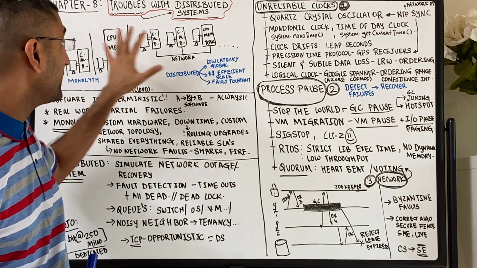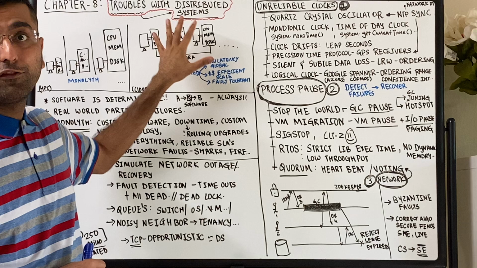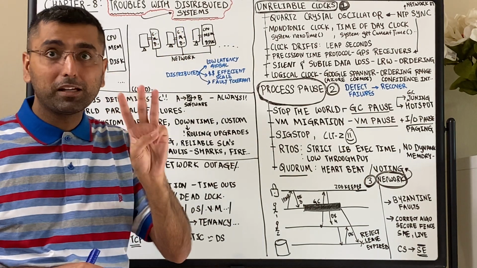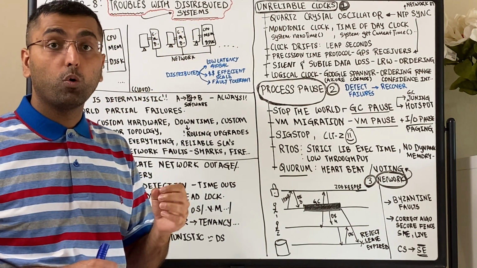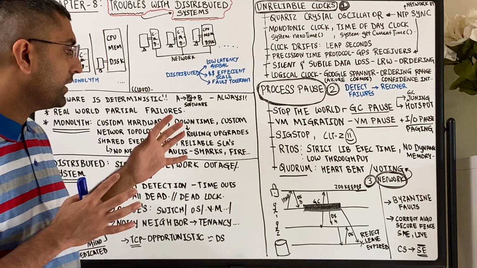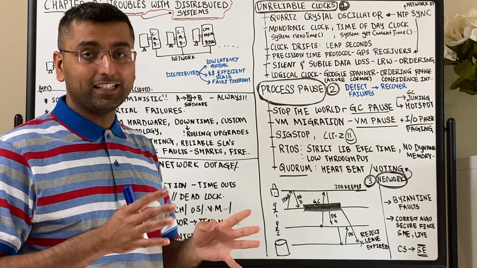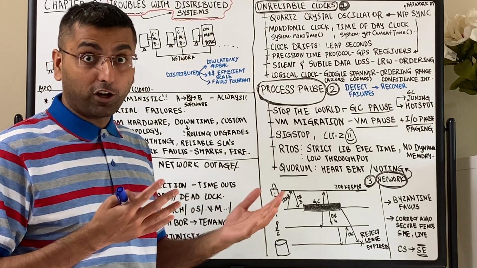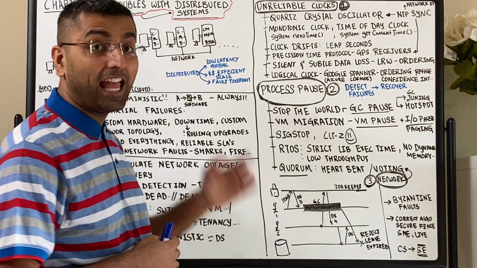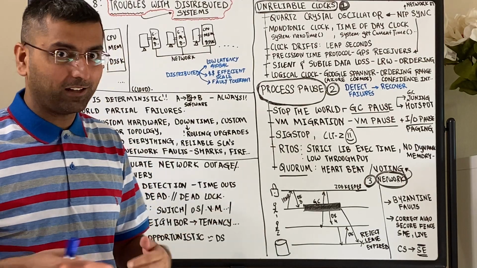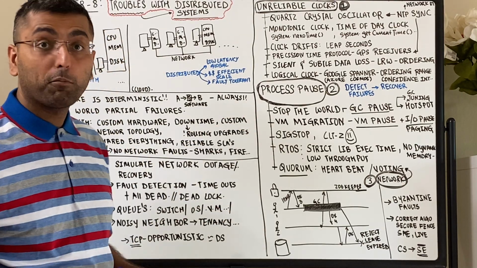So typically, there are lots of advantages of distributed systems, but there are three big things that we need to understand as to what the three big issues are. In this video, we're going to go over that. Number one is clocks and the unreliability of clocks, because now multiple machines have a different concept of clocks, and how do we deal with that? Second, process pauses.